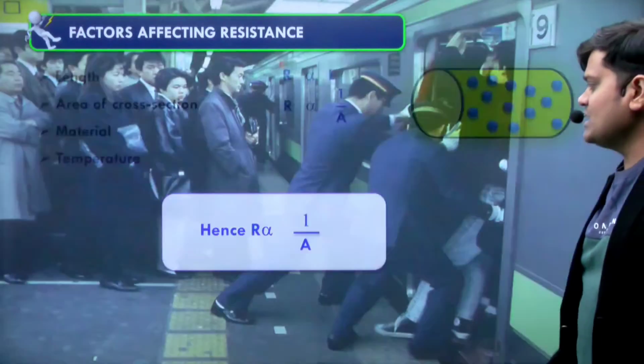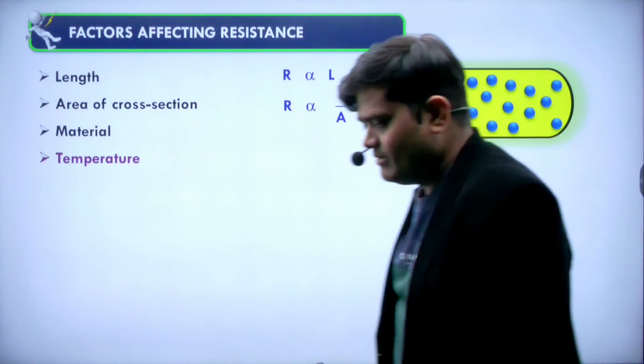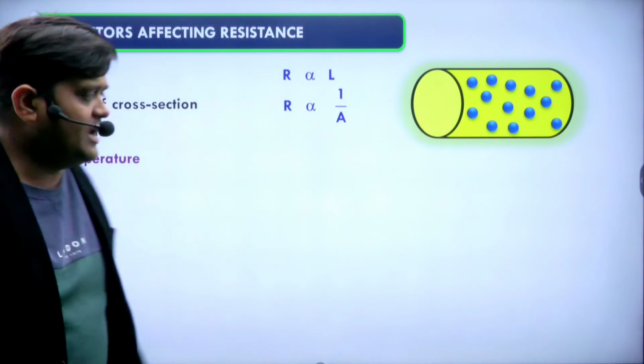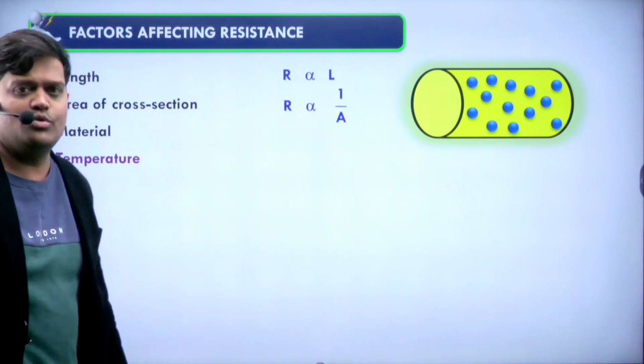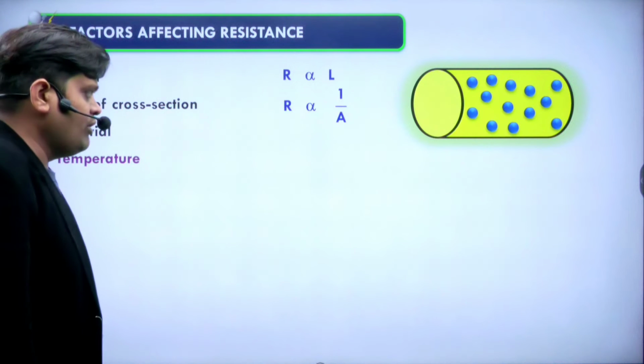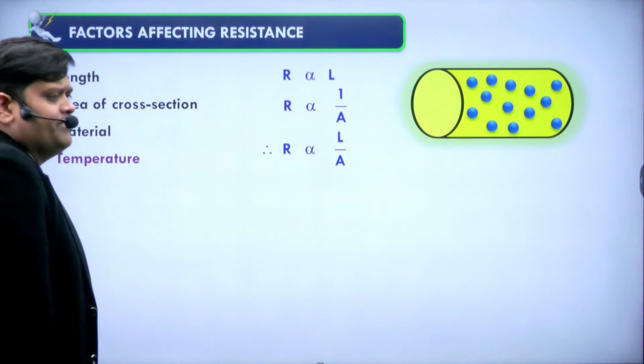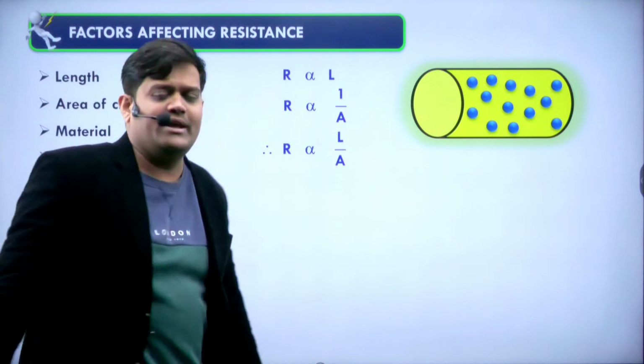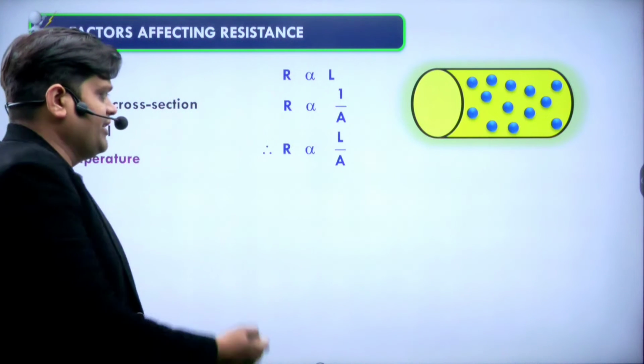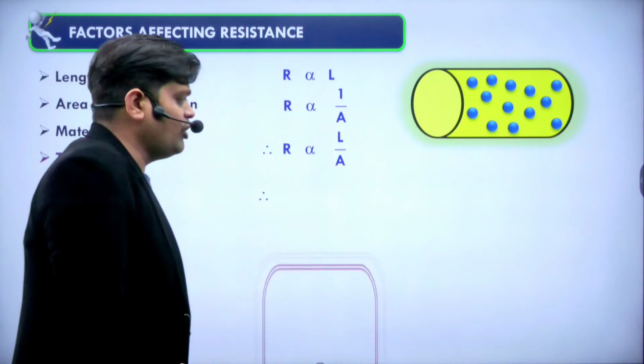Hence R is proportional to 1 upon A. First, R is proportional to L; second, R is proportional to 1 upon A. When we combine them, R is proportional to L upon A. If we remove the proportional sign, there is a constant.